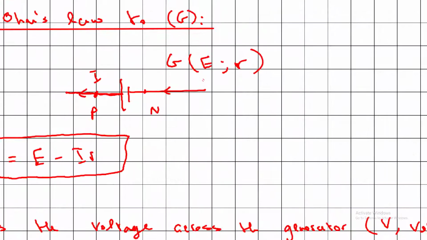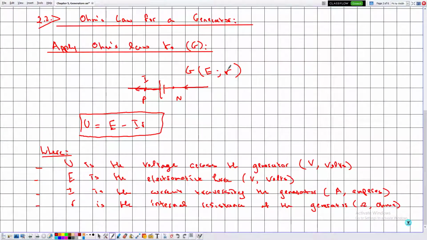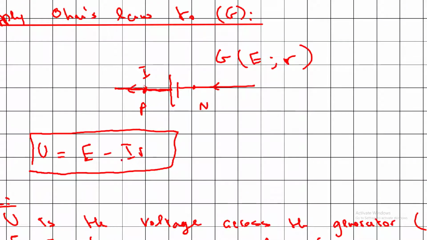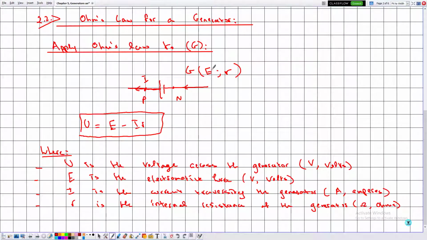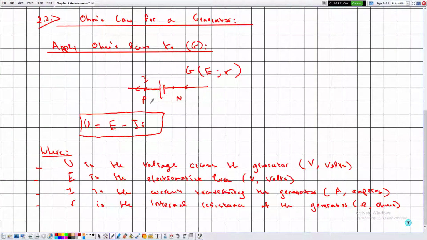Because this generator has an internal resistance, part of its energy is being dissipated as heat due to Ohm's law, which is given by IR. For this reason we have a minus sign, because part of the electromotive force of the battery is being dissipated by the resistance inside the generator.